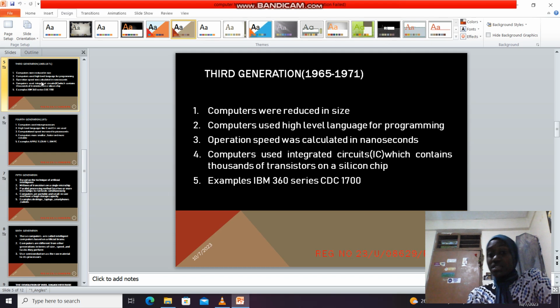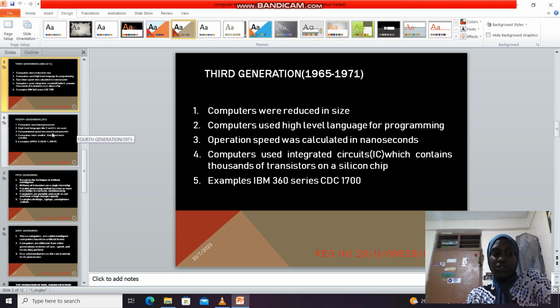Computers used integrated circuits, which contain thousands of transistors on a silicon chip. The first generation used vacuum tubes, then transistors, but here we are using integrated circuits. Examples of the computers of the third generation included the IBM 360 series, CDC, and the CDC 1700.